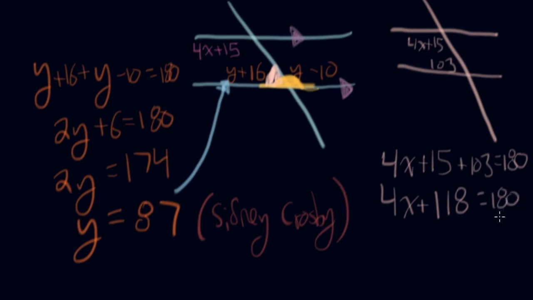I subtract 118 from both sides and get 62. So 4x equals 62, and I divide that by 4 and get 15.5. So x is 15.5.